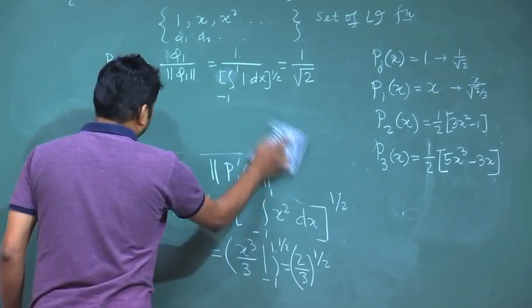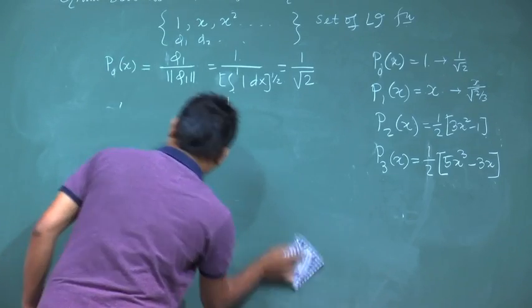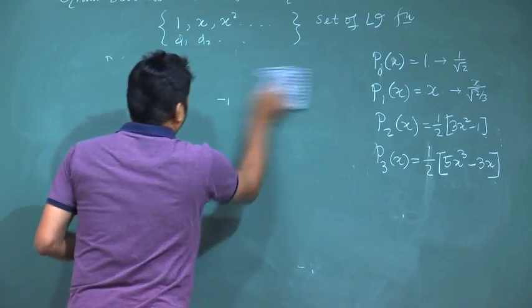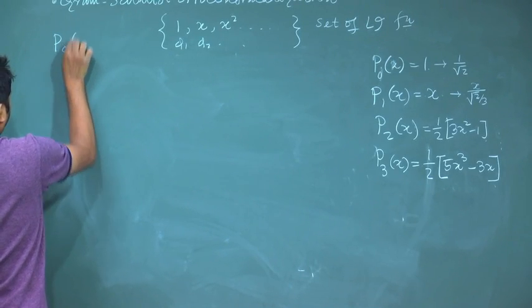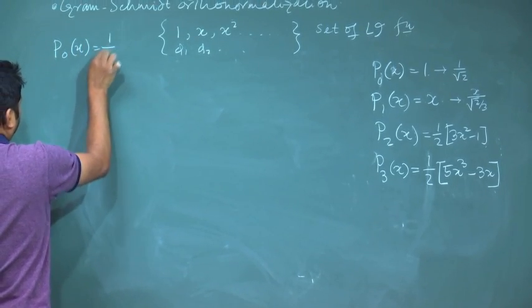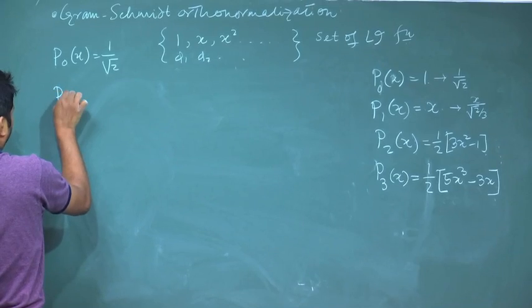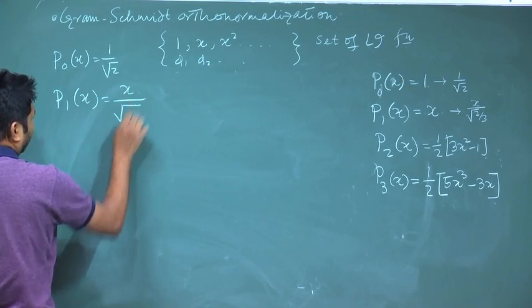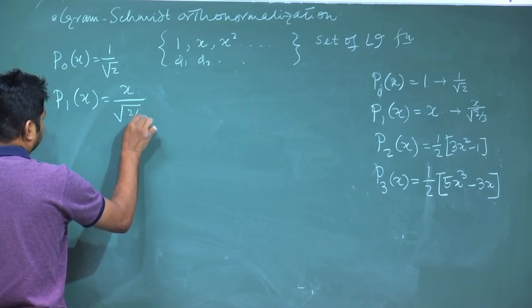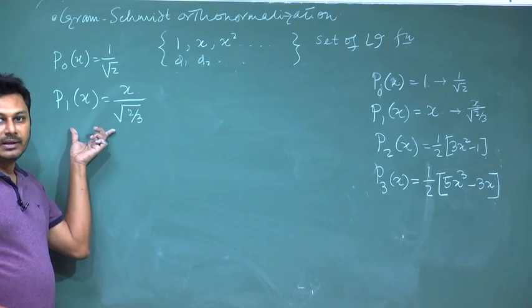So, finally, let me write it here on the right side. p0 x I am having root over 2 in the denominator, p1 x I am having x divided by root over 2 by 3. This is my second term I am getting.